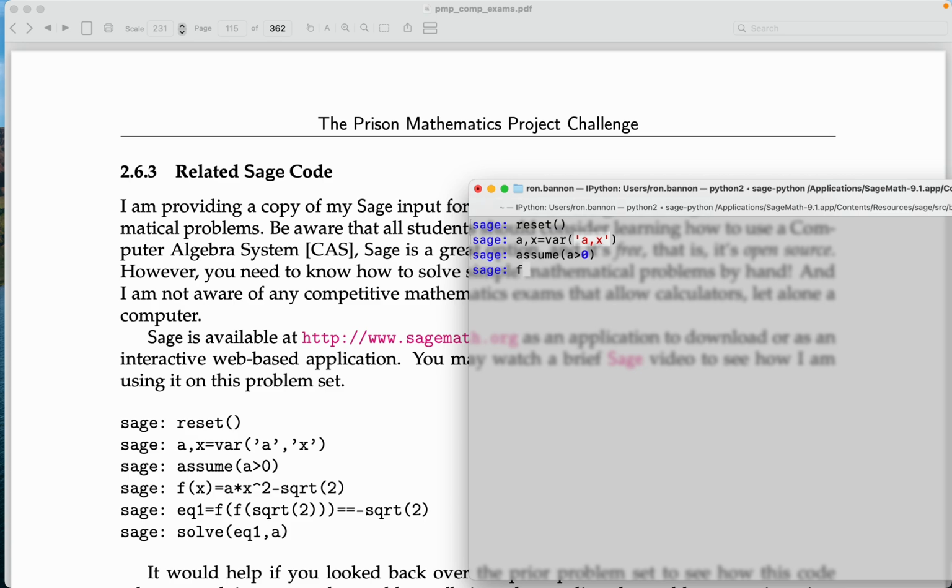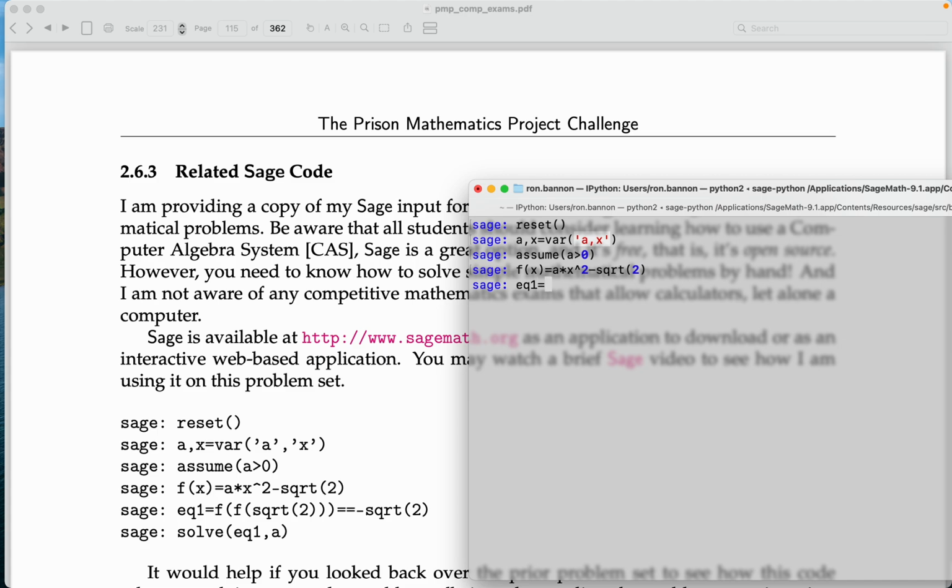And then I'm going to define a function. Right? It's still an assignment operator. I'm going to say f of x is equal to a times x squared minus the square root, sqrt of 2. Right? Hit the enter. Pretty okay there. And then I'm going to say equation 1, EQ1, assigned.